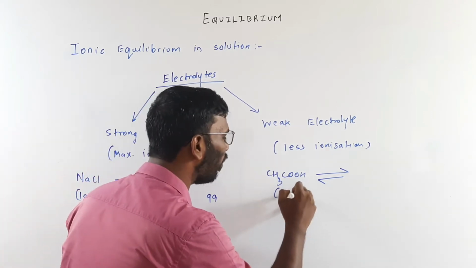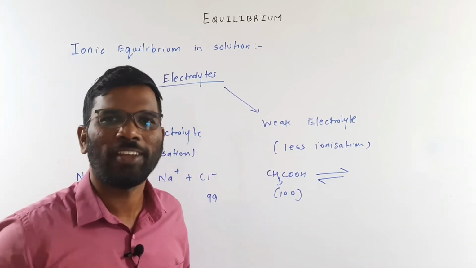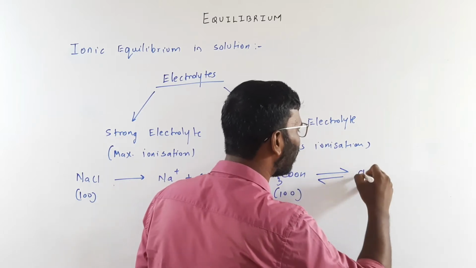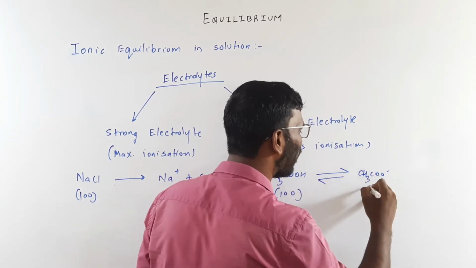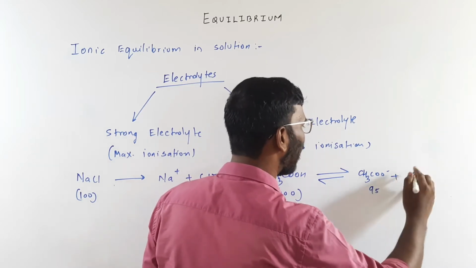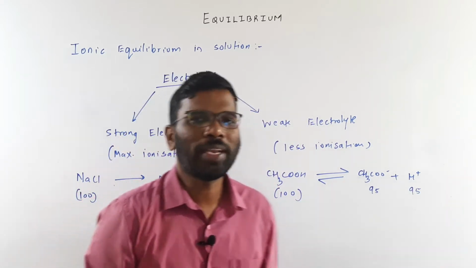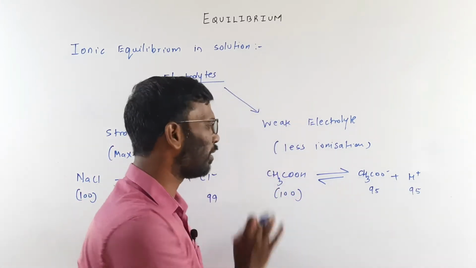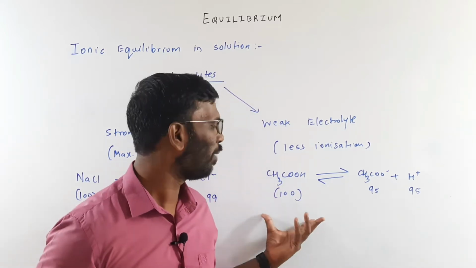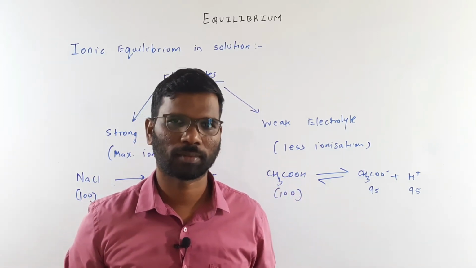If there are 100 molecules of CH3COOH, then out of 100, just 5 may split, giving you acetate ion, CH3COO minus, and H plus, and the remaining will remain as acetic acid. Now an equilibrium is established between these because there are many molecules of acetic acid which remain unionized.